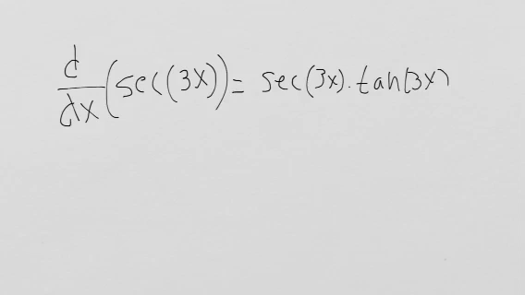So you really need to make sure this 3x goes with both pieces of the derivative. That's a common error, to not include it in both pieces. So we have secant blah times tangent blah. Then we have to multiply by the derivative of blah, which is just 3. So there's our final derivative, 3 secant 3x times tangent 3x.